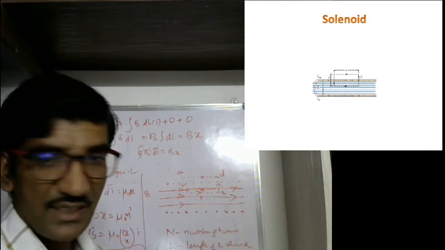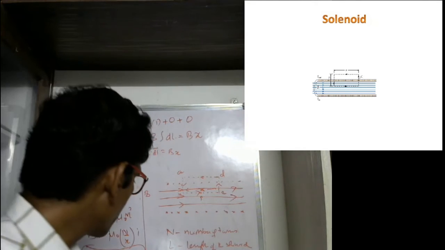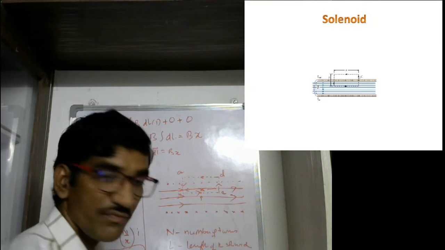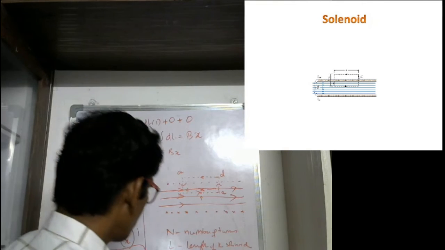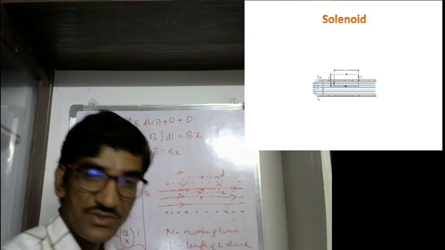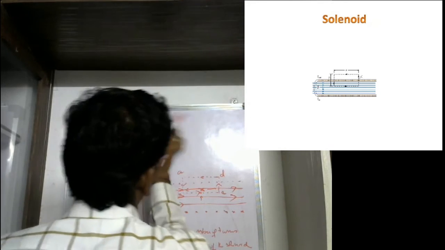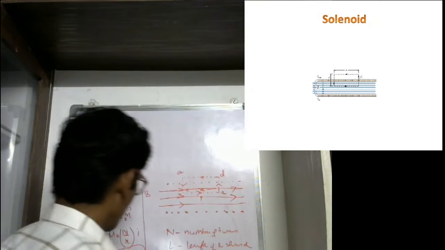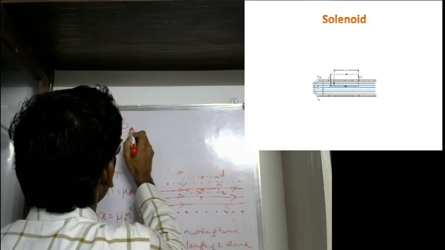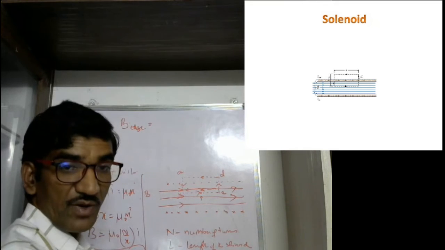As you go either left or right to the end of the solenoid, what happens there? I will write the magnetic induction at the edge of the solenoid, B edge, and B in the middle point.